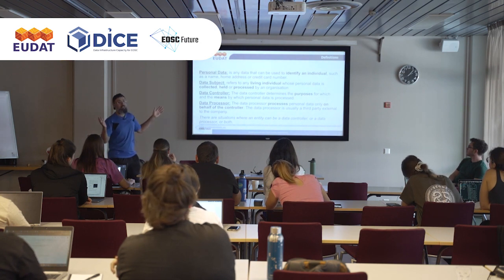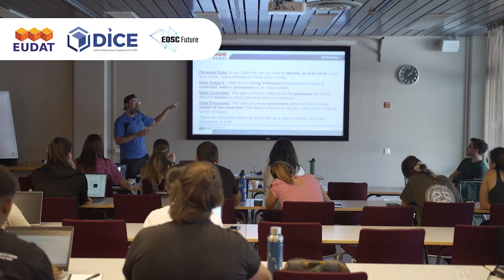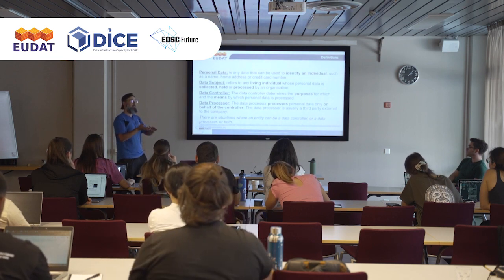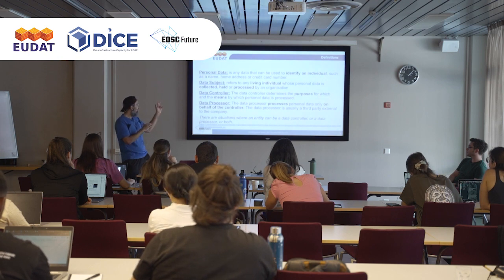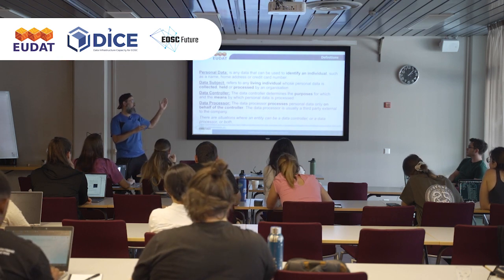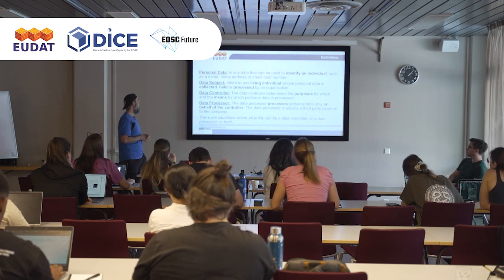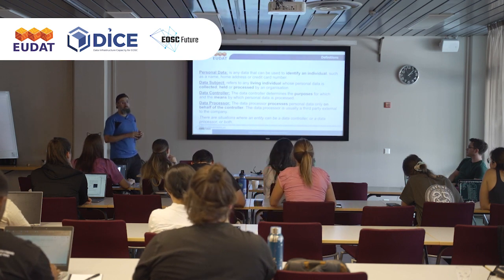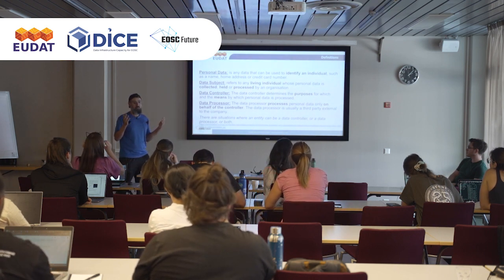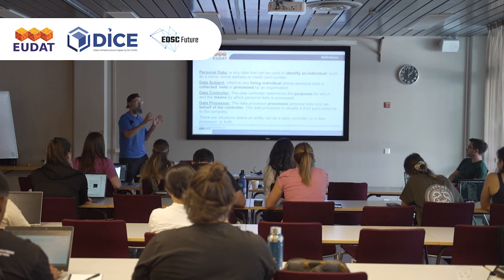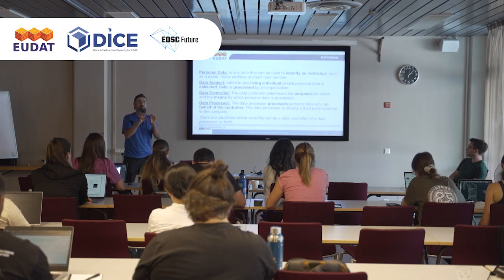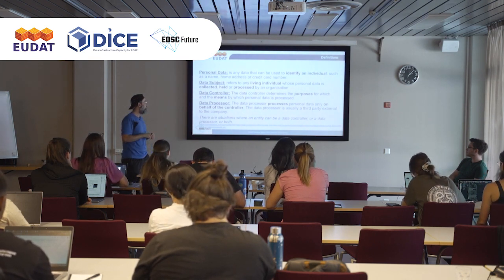Data subject is the living individual, the person, and it's a living individual because if the person died, he or she is not a data subject anymore. The data controller is you or your organization as a researcher who takes this data to do some research or some science with it.